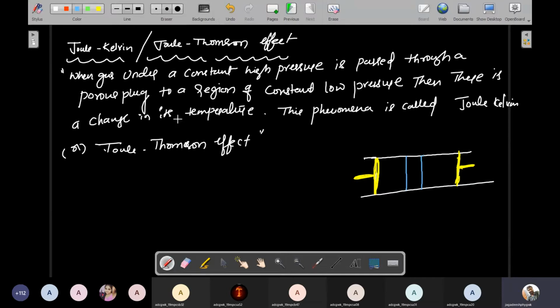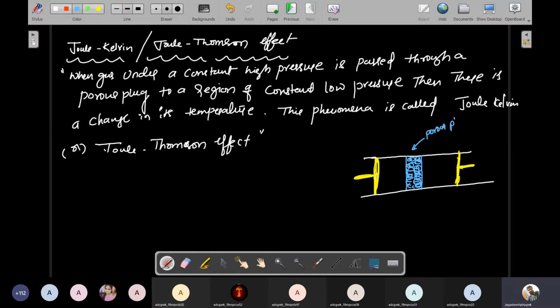This wall is made up of cotton or wool, something like that. Listen carefully. Inside I have cotton, and this wall is called a porous plug. The chamber is divided into two parts by this porous plug, which is manufactured from cotton or wool.